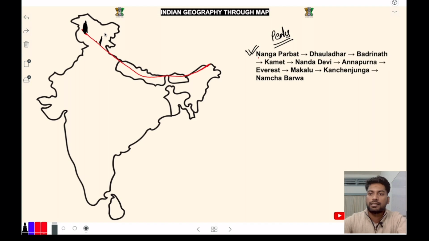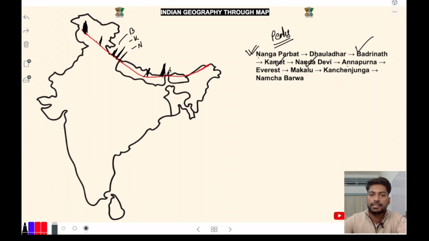Okay. Badrinath. Look, Badrinath, Kamet and Nanda Devi. So I can say this is your Badrinath, then Kamet and then Nanda Devi. BKN. Badrinath, then Kamet, then Nanda Devi. These three peaks. After that, Annapurna, then Mount Everest. Mount Everest is in Nepal.